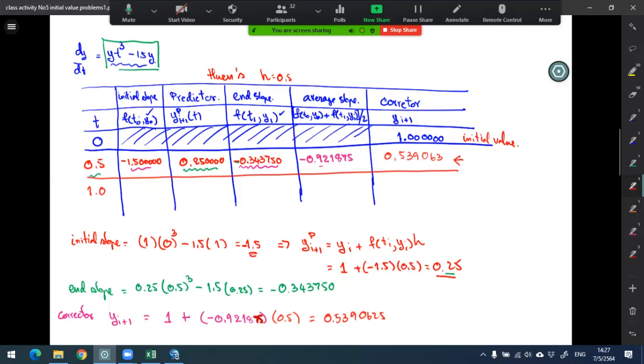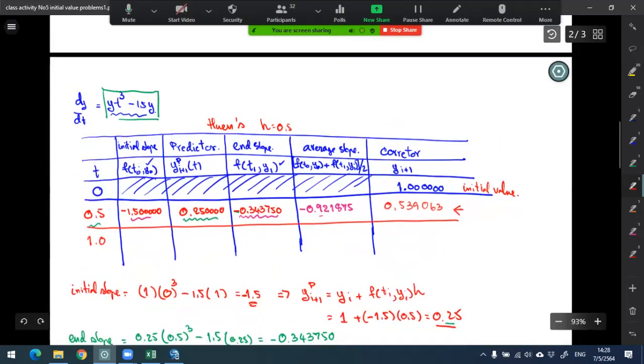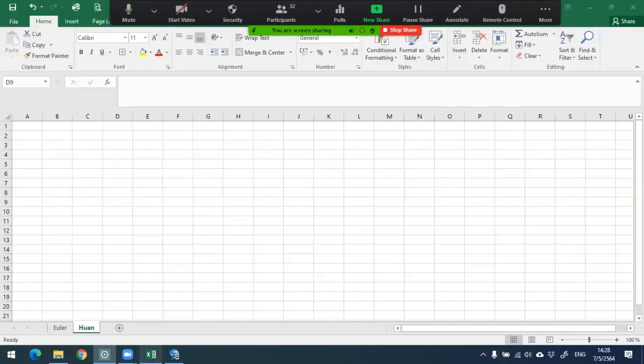For this case we call it initial slope, end slope, but in the Runge-Kutta method, we will call them the functional K1, K2, K3 instead. Actually it is the same. So let's move to the Excel sheet for Heun.